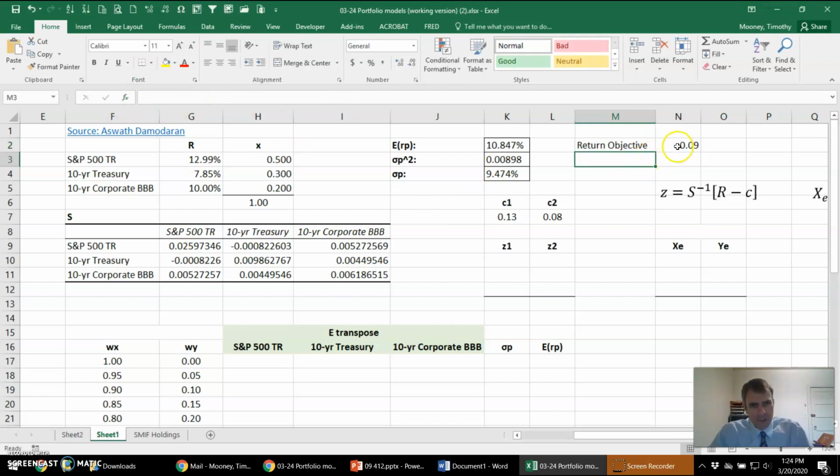Suppose we have a return objective of 9%. What's the best portfolio? It's the one that minimizes the riskiness. Find the portfolio with an expected return of 9% that minimizes portfolio standard deviation. So that's what you'll submit for the mini exercise: the weights, the optimal combination of weights.